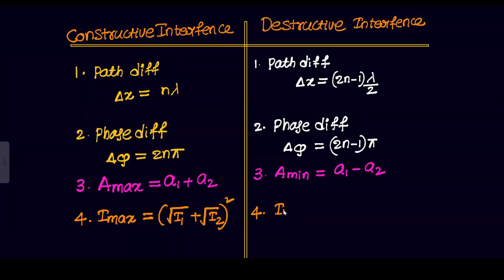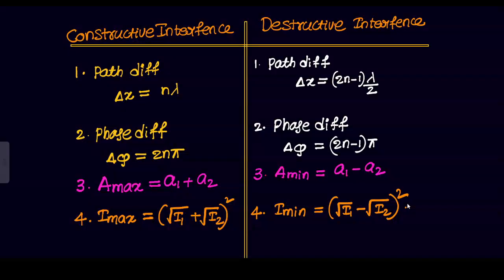The minimum intensity is square root of I1 minus square root of I2 whole square. These 4 points in constructive and destructive you have to remember to solve the problems, if they give constructive or destructive.